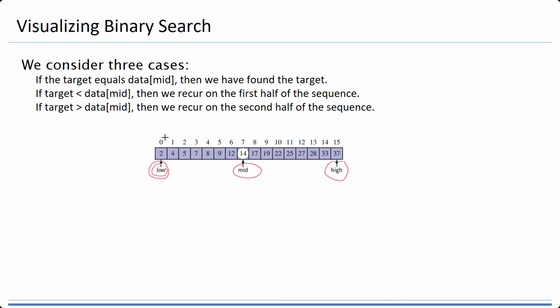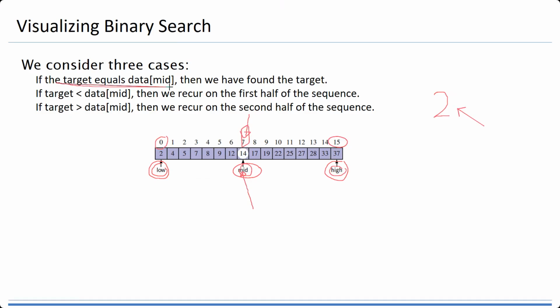The low means the smallest index, the high means the highest index, and the mid means the middle value. So here, index 7 is the middle value. And if we want to find 22, is it the same as the middle value?